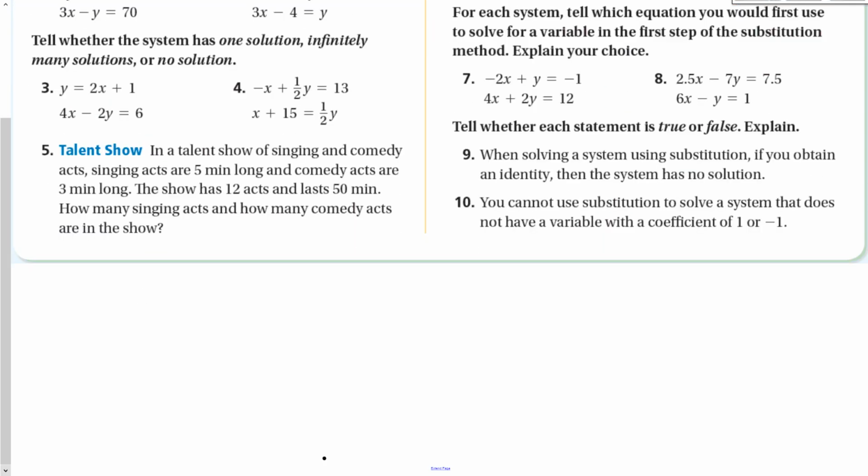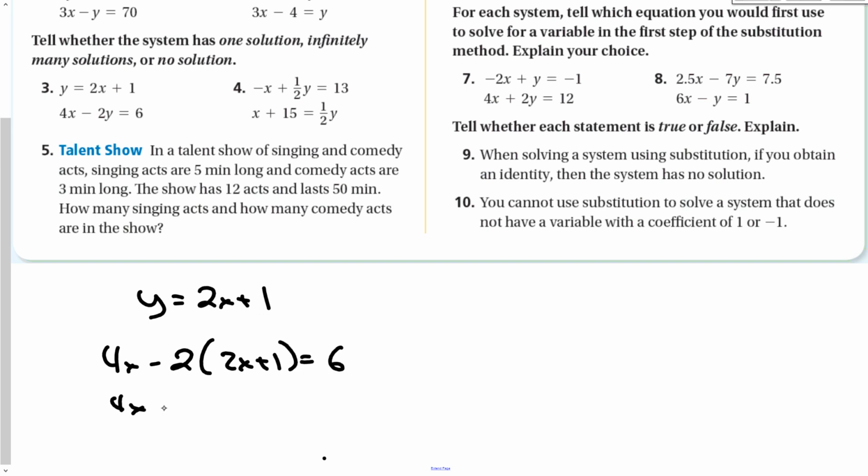Okay, so y is equal to 2x plus 1, which means that instead of y, I can write 2x plus 1 is equal to 6. So 4x minus 4x minus 2 is equal to 6. No solution.